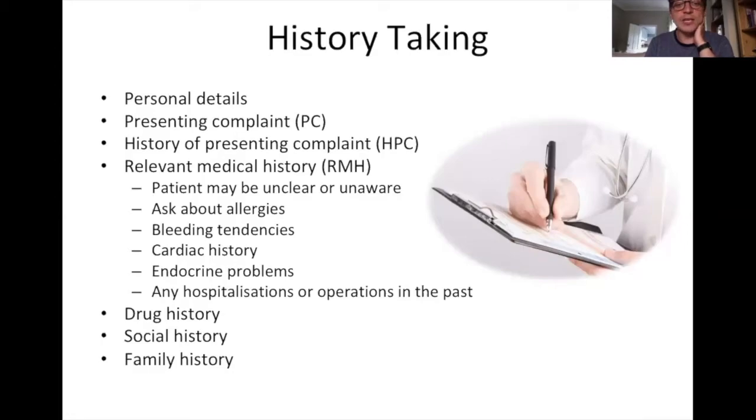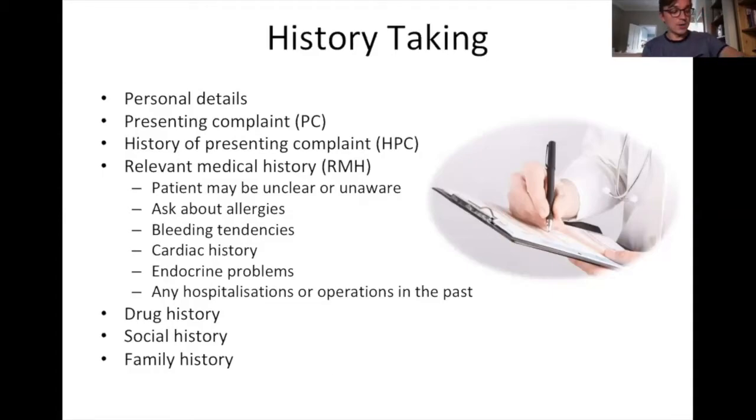Now, obviously, history taking starts with personal details, and then you ask about the complaint, and then the medical history is important. The patient might not necessarily be clear on what you need to know, so they might not know that you need to know about a medication that they take.